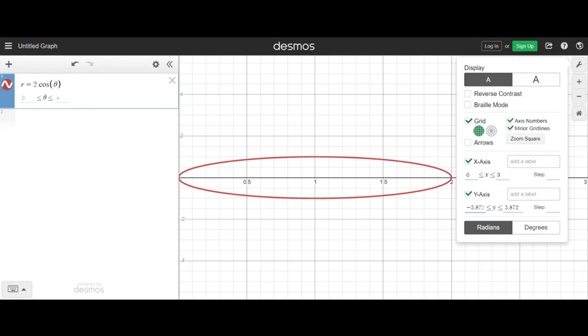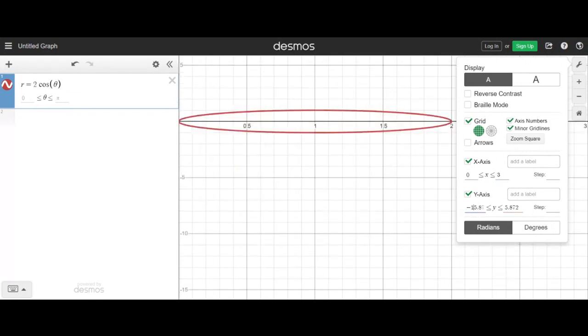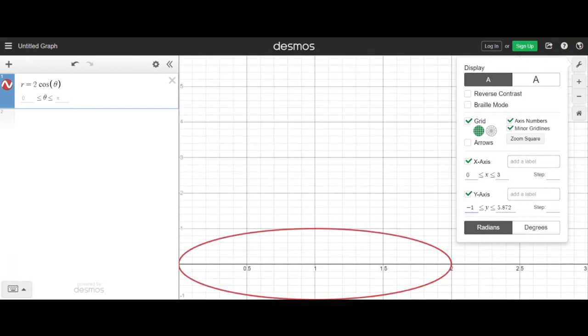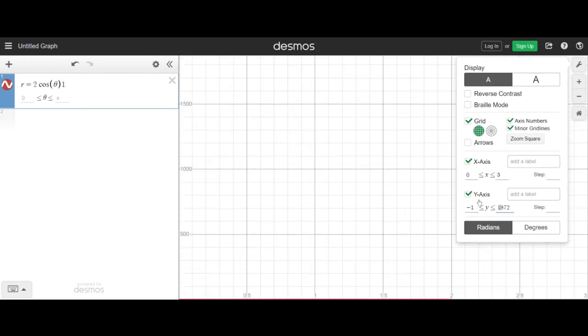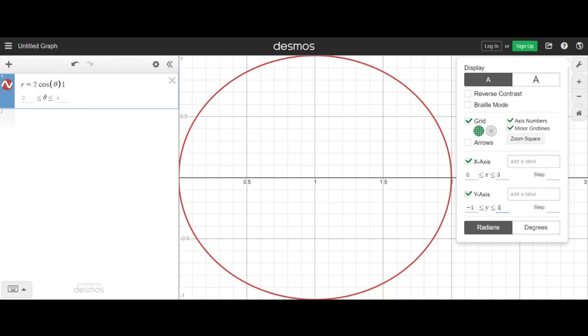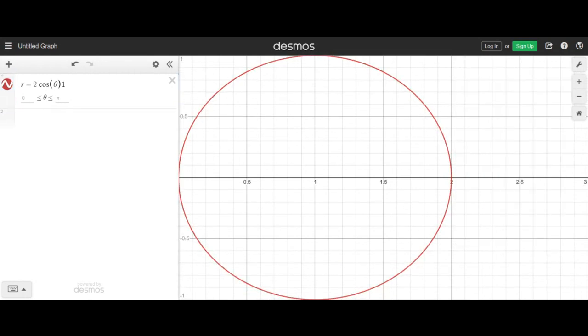Notice I have radians selected. There we go. So there is your polar graph.